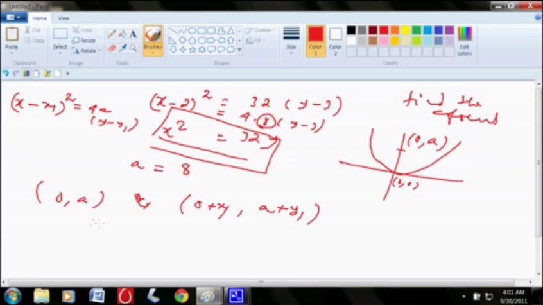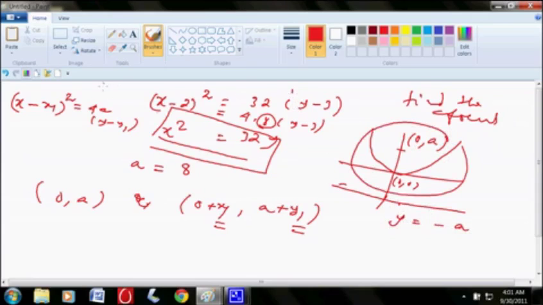If it is taking this shape, just add an x1 and a y1. And this is happening through simply everything. Like if he is asking find the equation of the directrix, the equation of the directrix in the standard parabola is y is minus a. If it is given in this form, just add a y1. Any x, just add an x1. Any y, just add a y1. That's it.